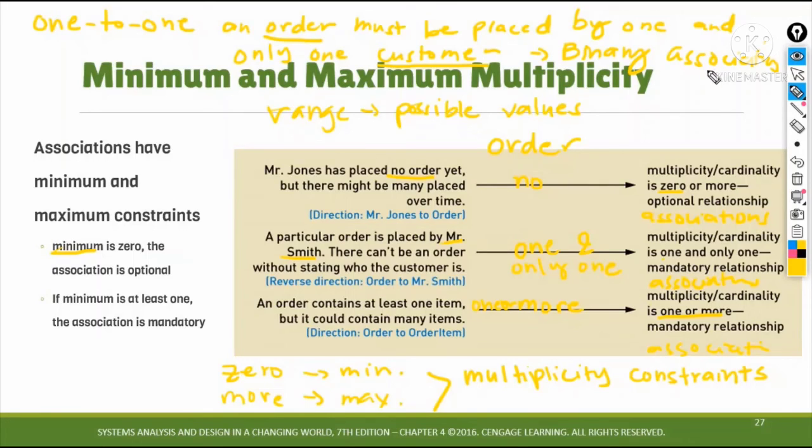So for example, the association is married to. For example, two persons are married, which is of course between two people. So this type of association is called a unary association, and sometimes called a recursive association.